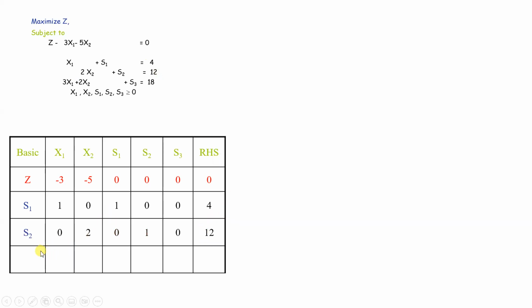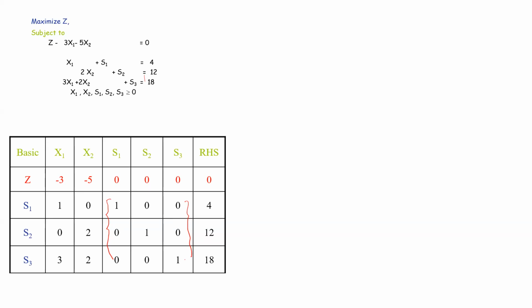In similar fashion, we can write the third equation, the S3 equation. The coefficient of x1 is 3, the coefficient of x2 is 2, S1, S2 are 0, and the coefficient of S3 is 1. Now you can observe in the last columns that you have an identity matrix formed by these coefficients. This is also important to note because it has significance.